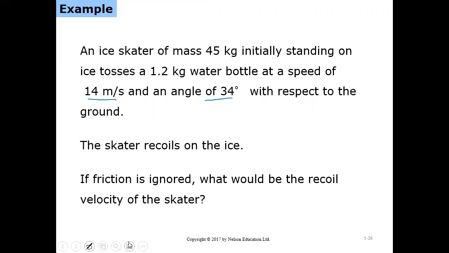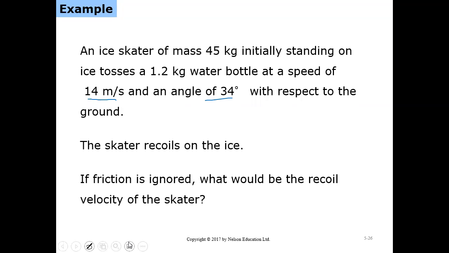Because no friction means in the horizontal direction, there is no net external force. So now suddenly you are giving a momentum to part of the system. The bottle has a momentum. Before, the momentum was zero because the bottle is at zero velocity and the skater is at zero velocity. The total momentum is zero. Now suddenly you throw the bottle in one direction. All internal forces horizontally.